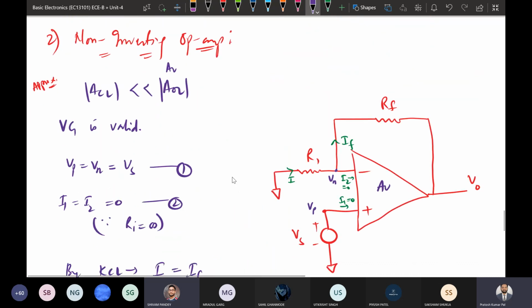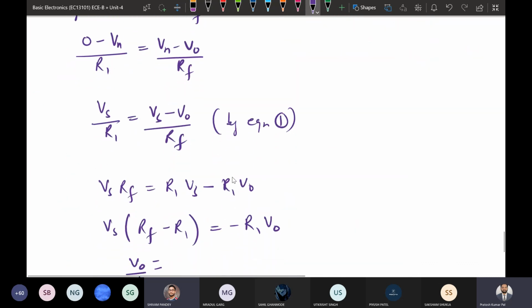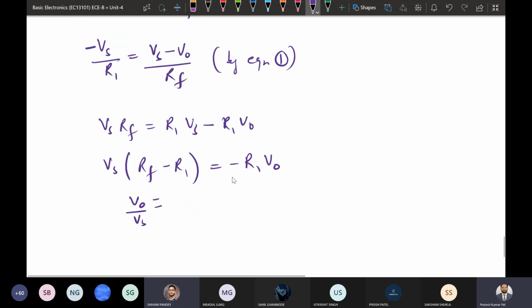So here Vn is equals to Vs, we have put Vs. Okay, so this is basically minus. So this is Vn. So we will be putting it minus Vs by R1. So it is Rf, this one is minus, this is plus. Okay, so now it is minus again and minus R1 by this.